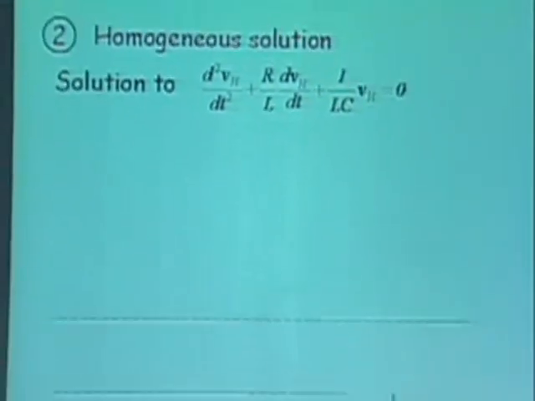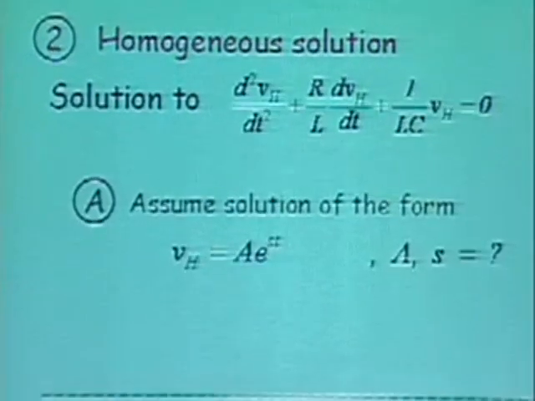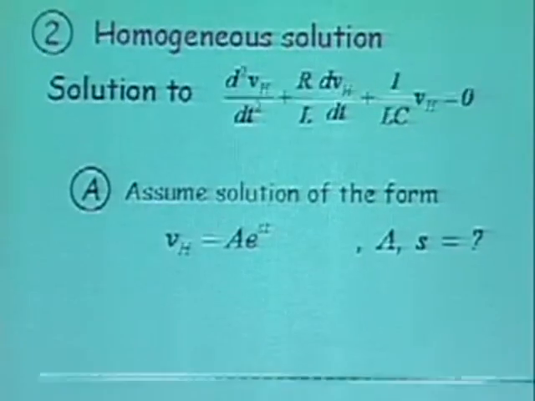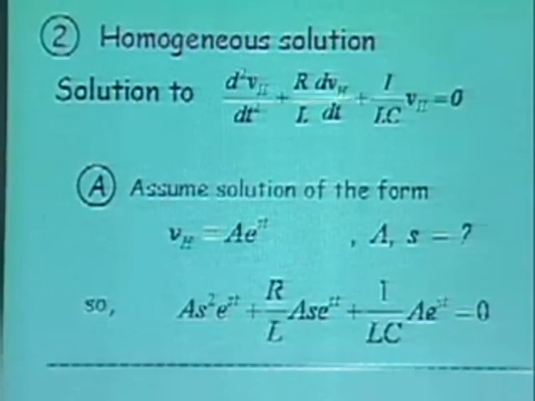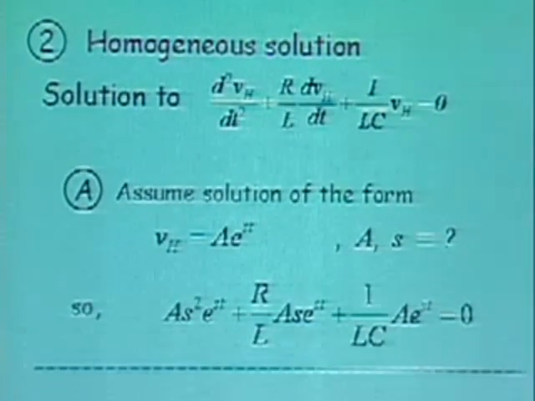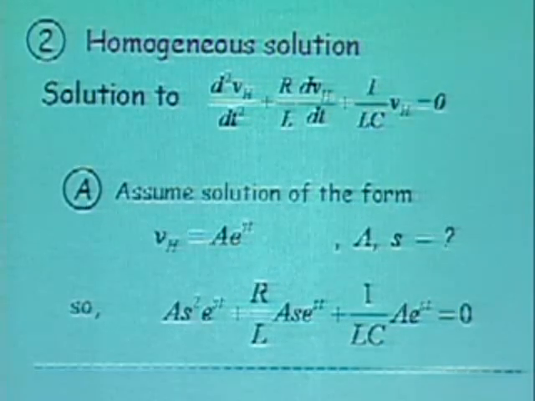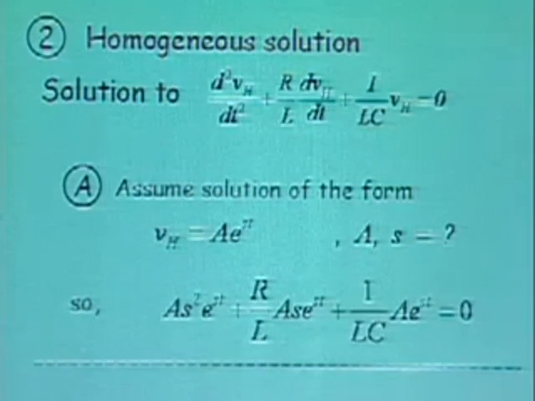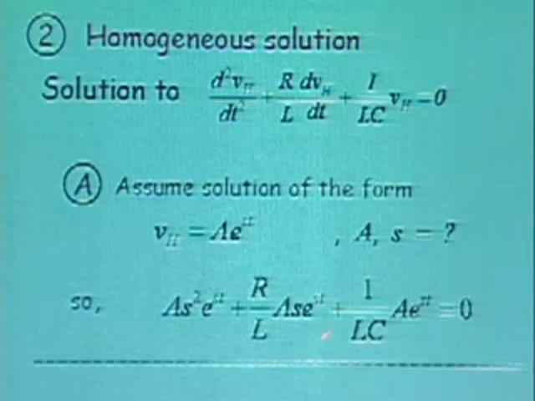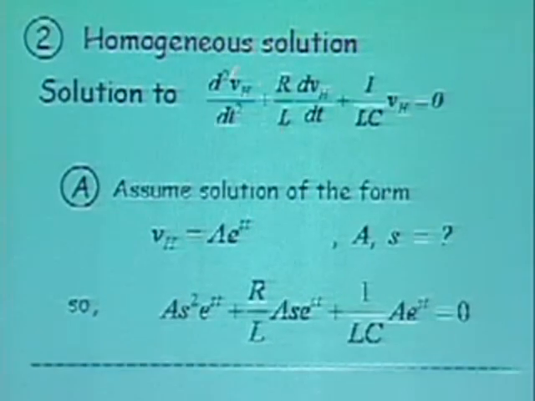Okay, so let me just walk through the steps here. Step A, assume a solution of the form A e to the st. And so I substitute the A e to the st as my tentative solution into the equation. Again, let me remind you that the differential equations that we solve here are really easy, because the way you solve them is you begin by assuming you know the solution, stick it in, and find out what makes it work. So I'm going to stick A e to the st into this differential equation, and A comes out here.